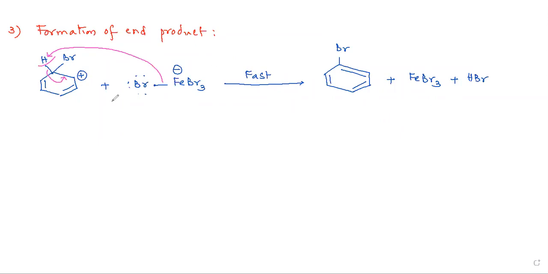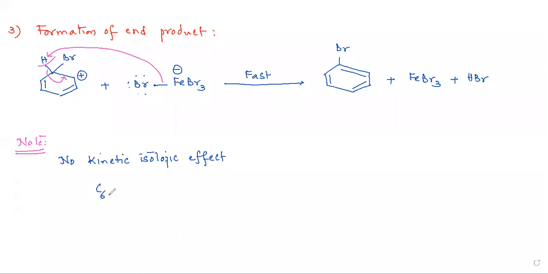And here, let me tell you one very important point. See, in this case, no kinetic isotopic effect is observed, because we don't have the cleavage of the carbon-hydrogen bond in the rate determining step. We have the cleavage of the carbon-hydrogen bond in the second step, not in the rate determining step.